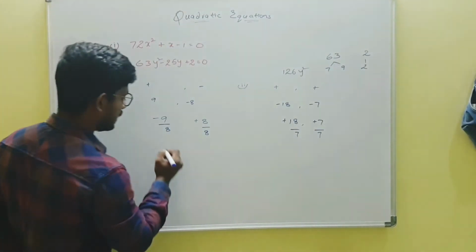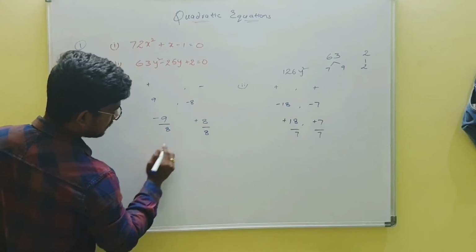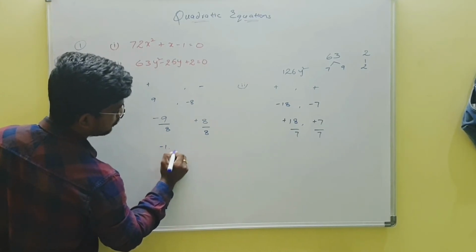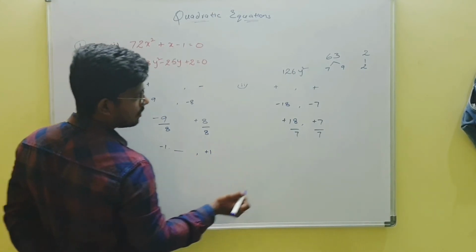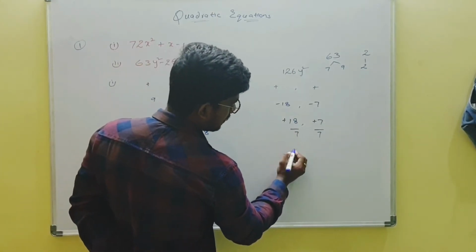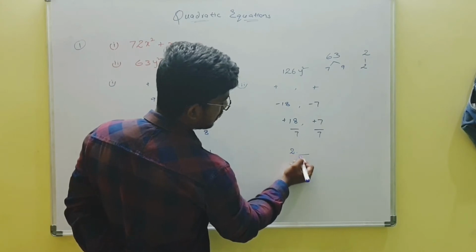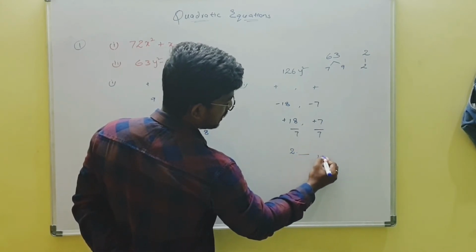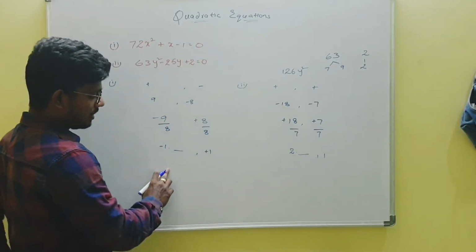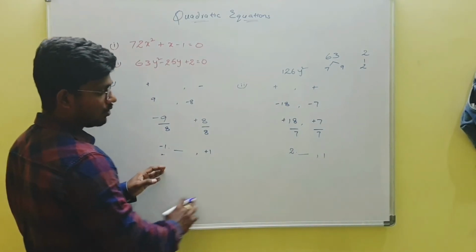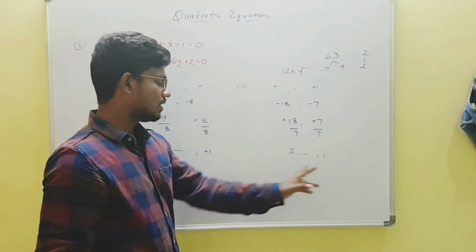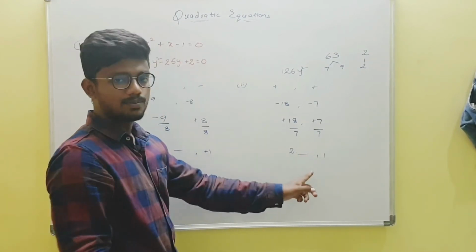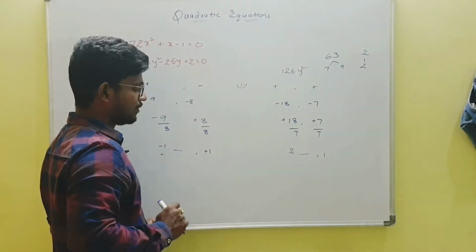So what I get here is minus 9 by 8, which is minus 1 point something, and plus 8 by 8, which is plus 1, and here 18 by 7 is 2 point something, and 7 by 7 is 1. It is a minus symbol, so there is no need of comparing it with these two, because these two are greater. Directly we can say that because these are positive terms and this is a negative term.